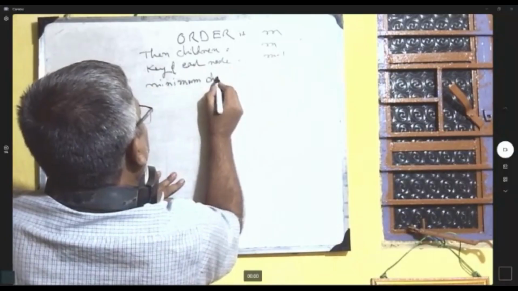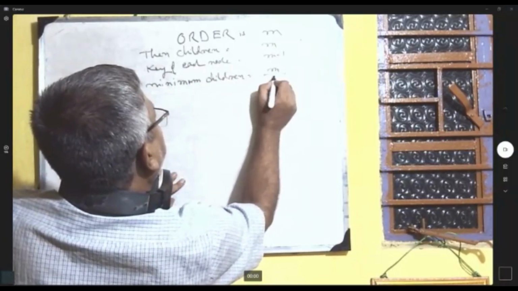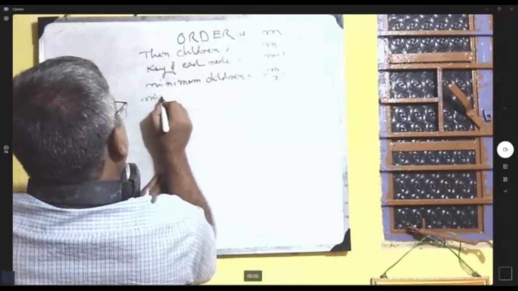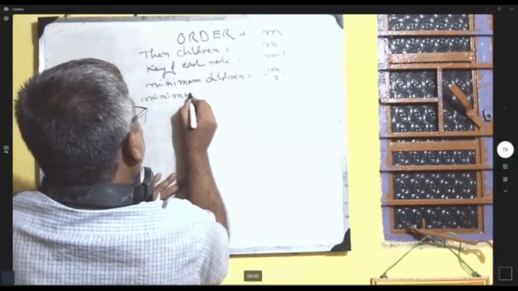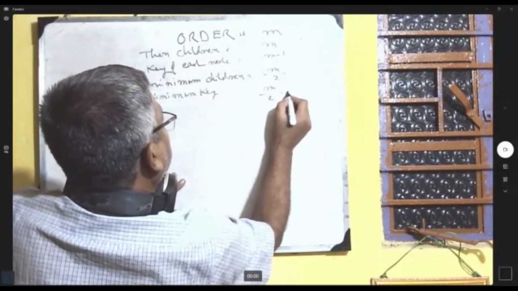The minimum number of children is M by 2, and the minimum number of keys is M by 2 minus 1.